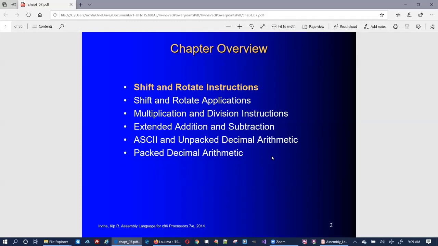In the next video we will start you out with the assignment, and then the last video for this chapter will cover the extended addition and subtraction and some other features of the Intel 86 microprocessors to help us do decimal arithmetic and packed decimal arithmetic, and you'll see what that is.